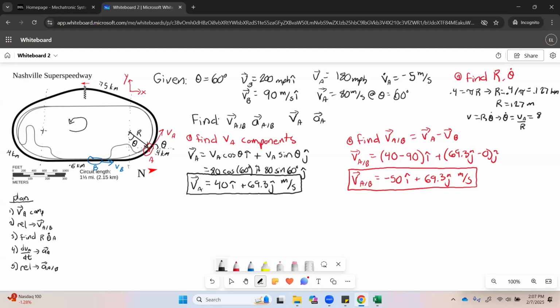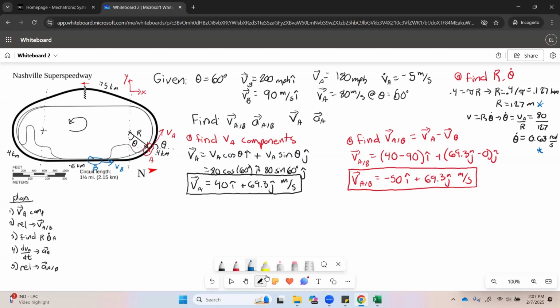So 80 over 127, theta dot equals 0.63, and this is radians per second. I'll just put a little star by these. We're going to need these, even though they weren't specifically asked for in the problem. We will be using them in the next segment.